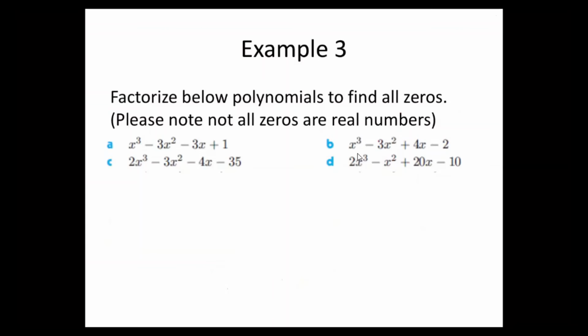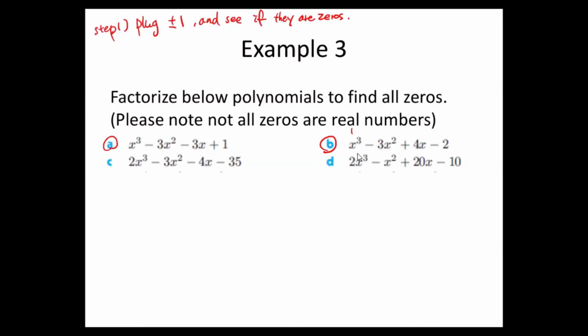Take a look at example 3. Normally when you see these numbers A and B, there are simpler versions without using the calculator. In the first step, plug in plus or minus 1 and see if they are zeros. Then you don't even need a calculator, because you can just simply, let's try.